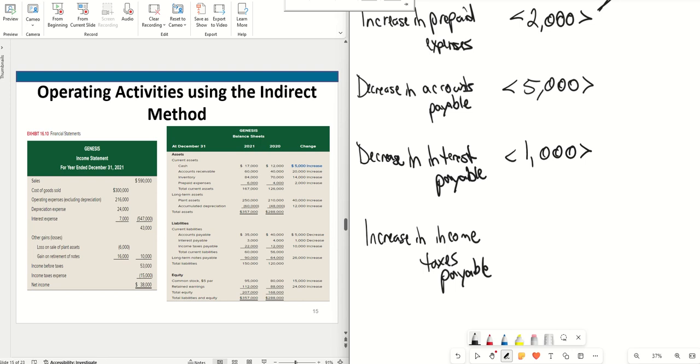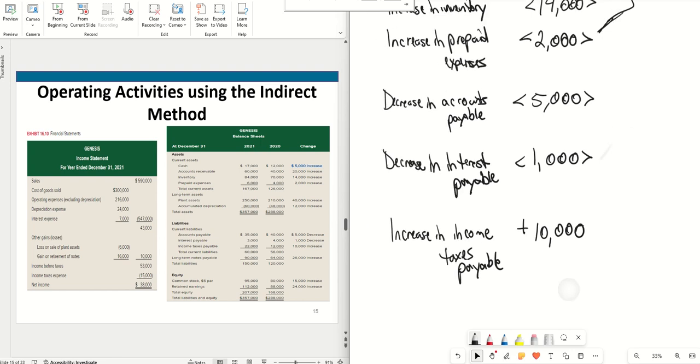Because the payable account increased, the company owes more in cash, which means the cash didn't go out yet. So we're going to add $10,000 to net income.